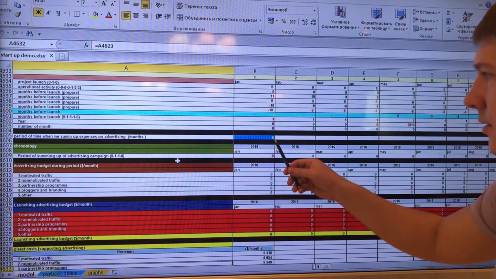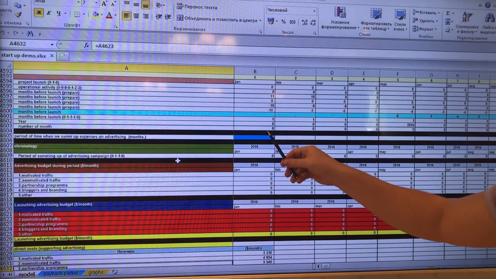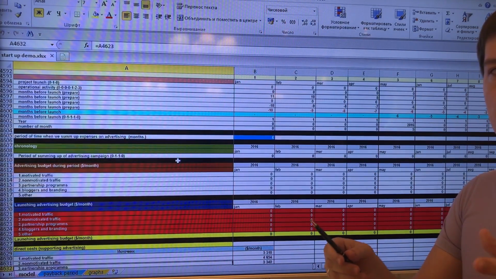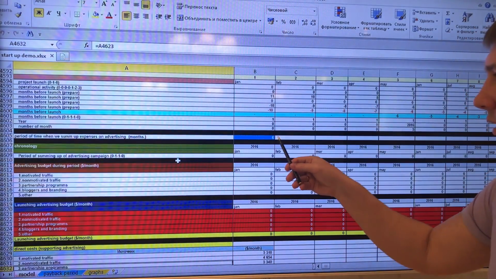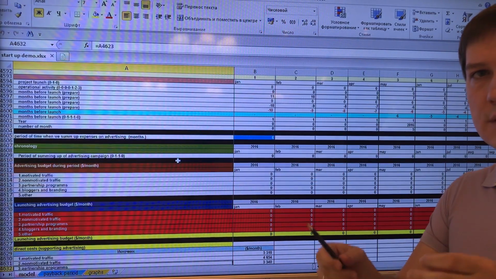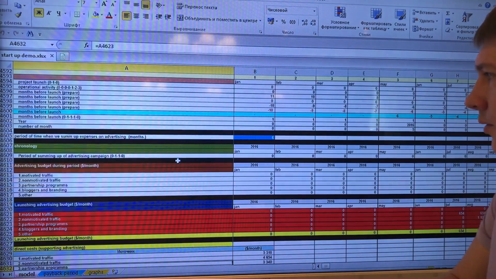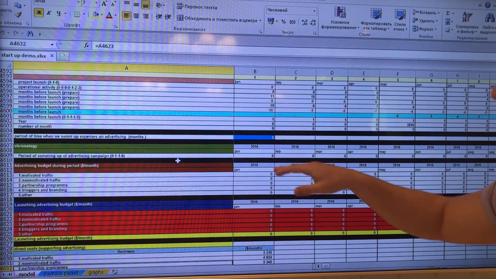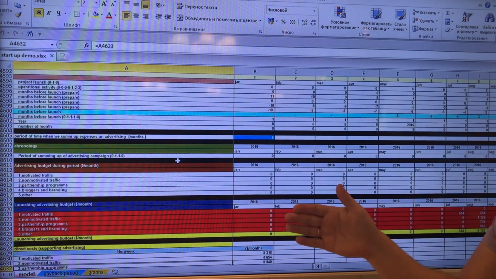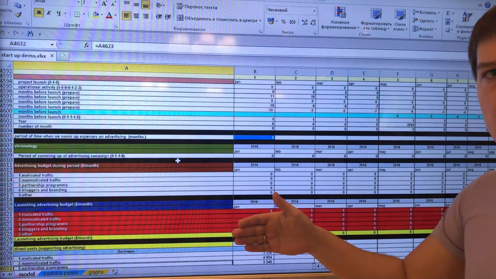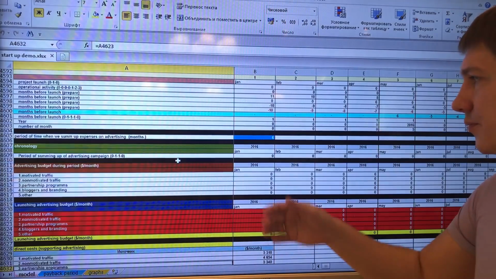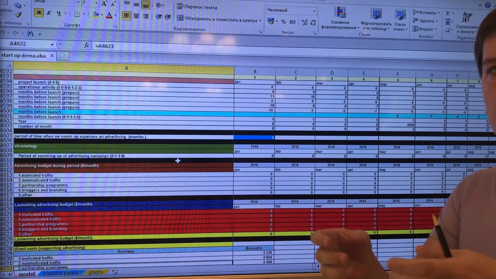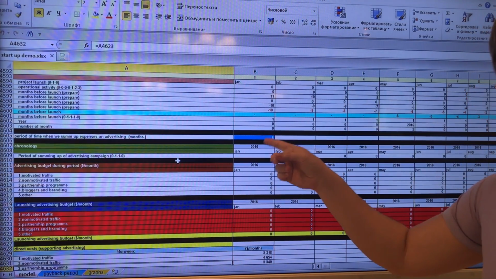What we have here is the number of months during which we want to sum the amount of advertising to allocate during this pre-launch stage. If we put here 7 months or 12 months, we will sum not 6 months but 12 months, and see more money we need to start this business.